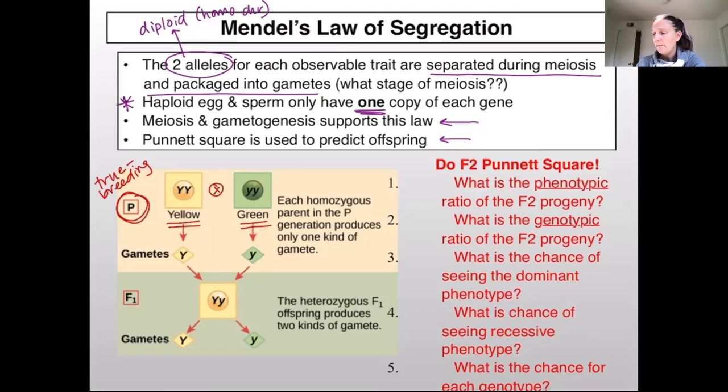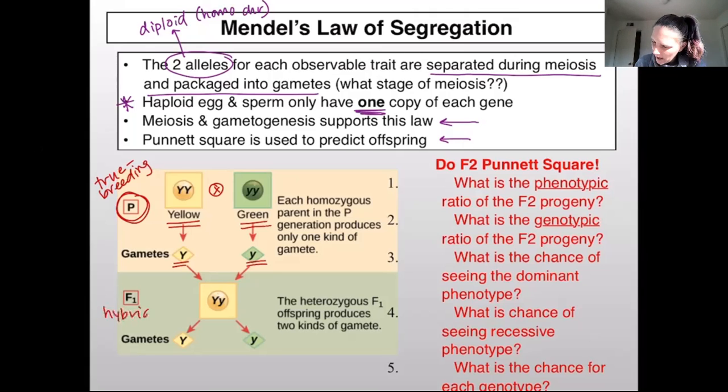So each parent is homozygous, meaning they can only produce one kind of gamete, right? So you can only make big Ys for the yellow, and the green plant can only make little ys. So that means in the F1 generation, the offspring are all going to be heterozygous.